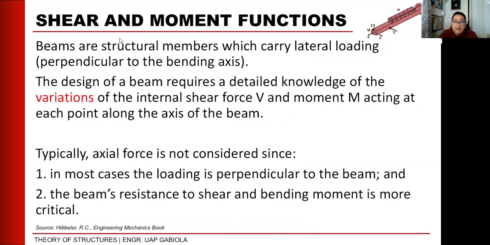Kaya typically, axial force is not considered kasi si beam is loaded perpendicularly in most cases. And then, yung resistance ni beam to shear and bending are more important than the axial resistance. Kasi nga, hindi naman natin niluloadan si beam lagi. Or si beam are used to carry loads perpendicular to its axis, no?